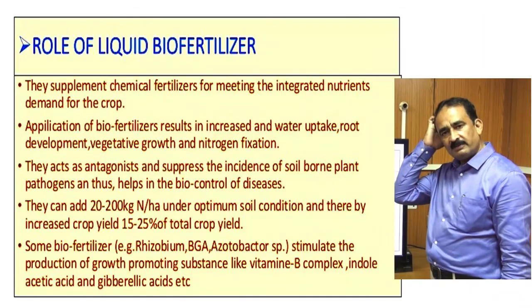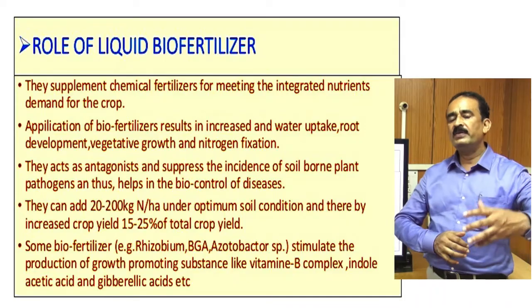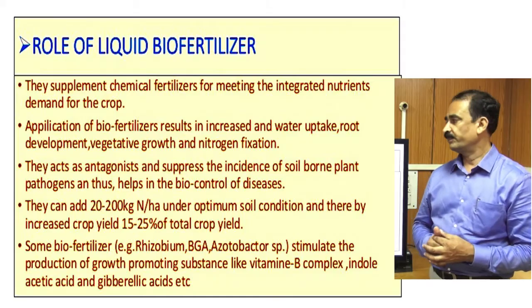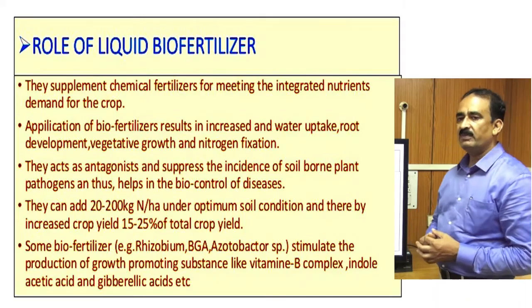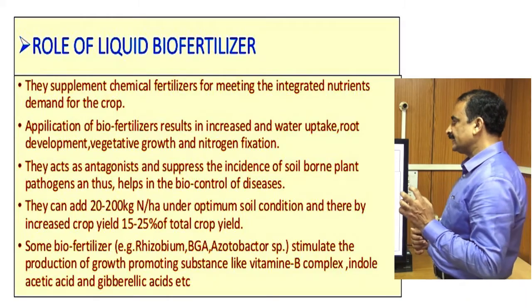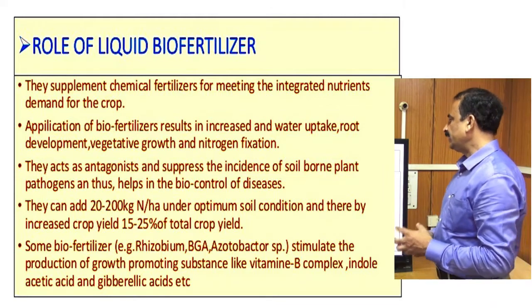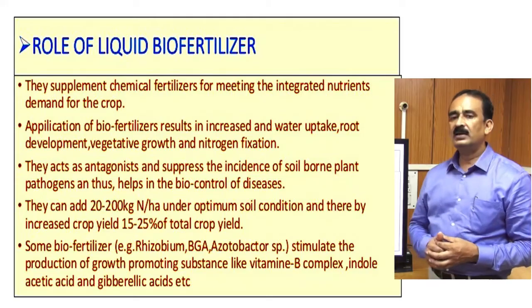Then what is the role of this liquid biofertilizer and how does it differ from the carrier based microbial inoculants? So the role of this liquid biofertilizer is they supplement chemical fertilizer for meeting the integrated nutrient demand of the crop.